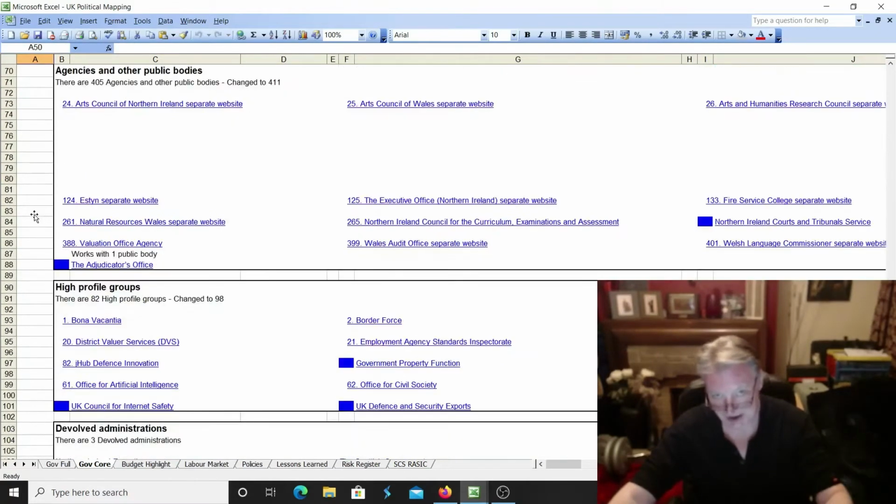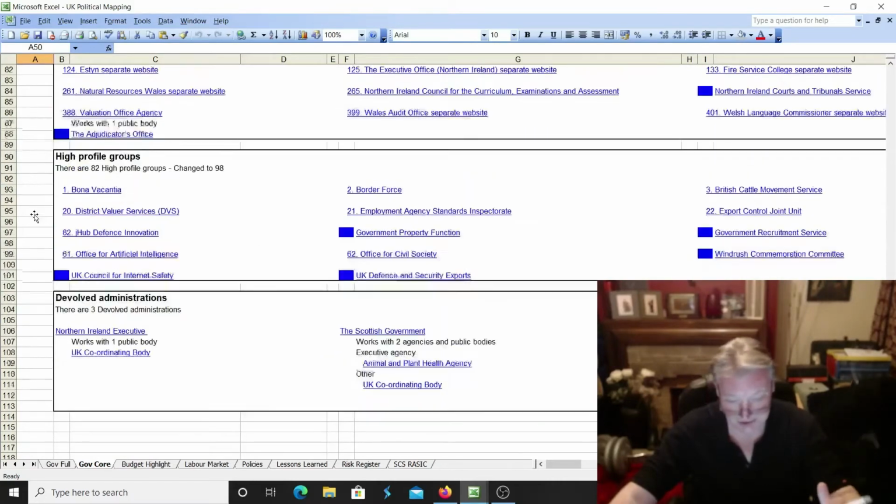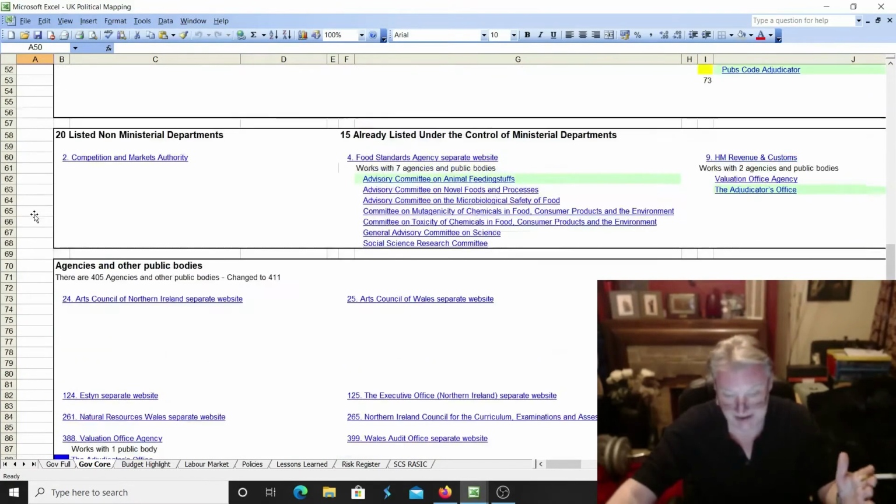This was the second picture that I'd put up last week to show you how much of a reduction that physically looked like.